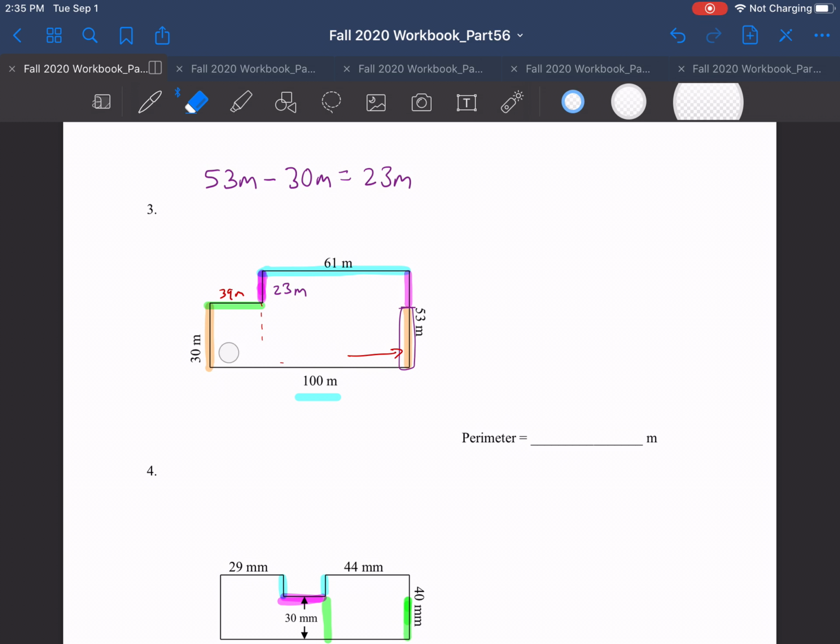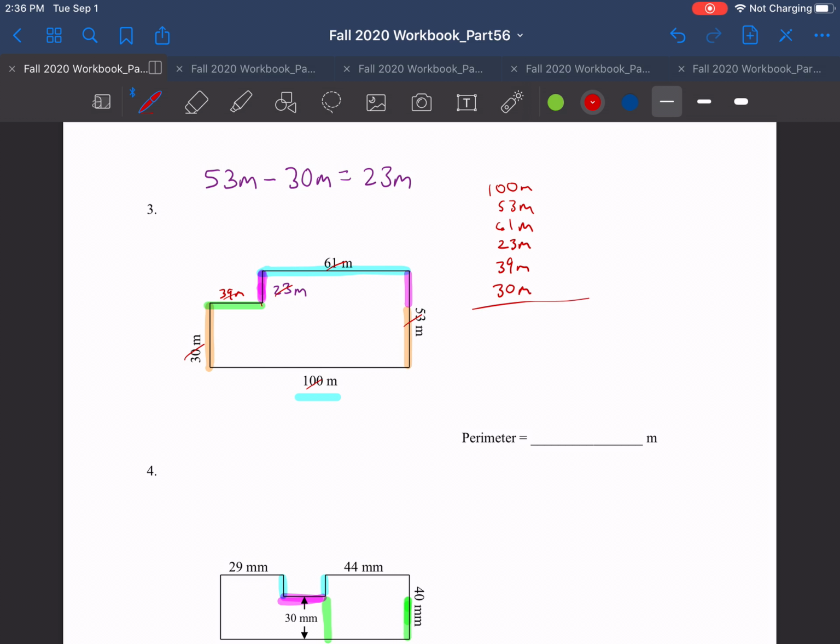And so now to find the perimeter, it's just a matter of going through and adding up all the sides, which would be 100 meters plus 53 meters plus 61 meters plus 23 meters, just going around this way. 100, 53, 61, 23, 39 meters, and then 30 meters.